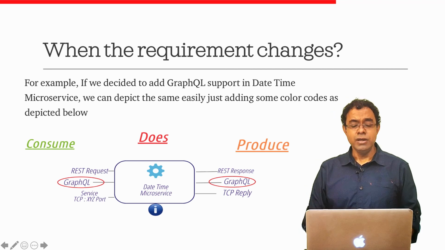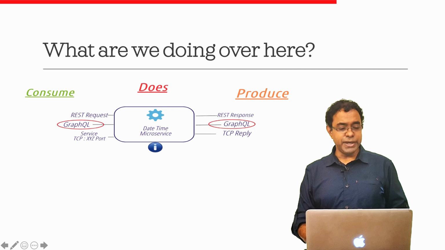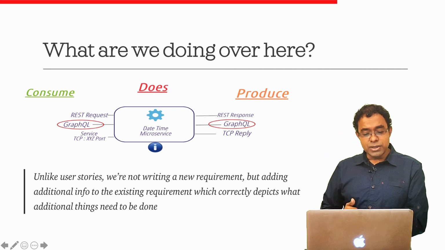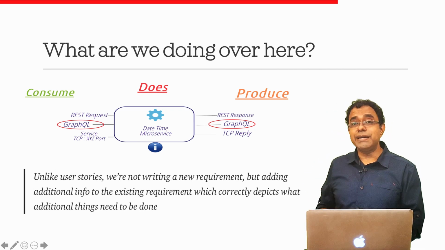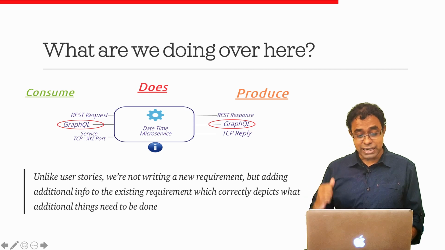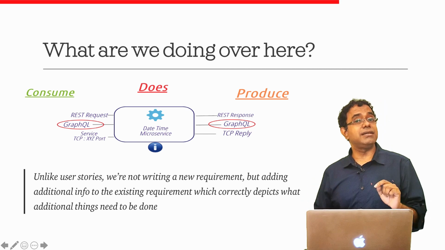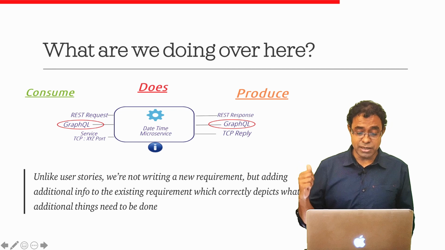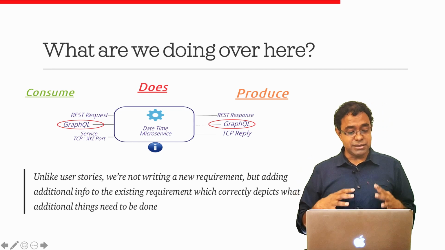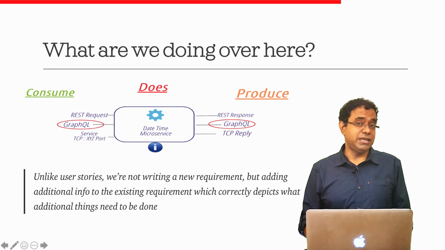Okay. So specifically, what are we doing over here? Unlike user stories, we are not writing a new requirement or updating an existing requirement, but adding additional info to the existing requirement in the CDP model, which correctly depicts what additional things need to be done.